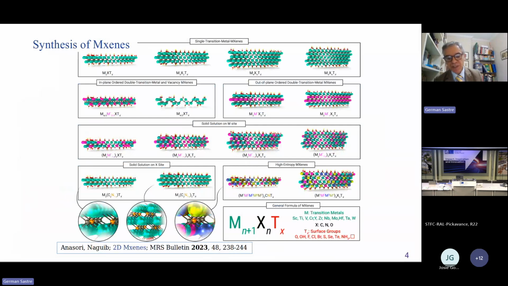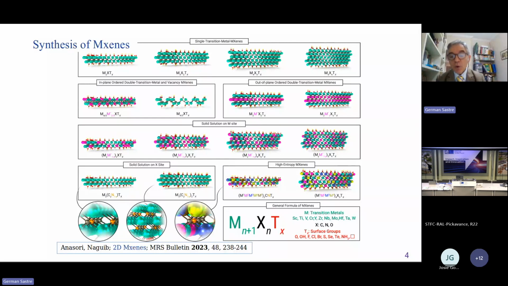Now in 2023, little has changed in terms of chemical composition that you can see in the bottom right. So now formally it is better to introduce Tx as termination, and x means we don't know how many units of terminations are there. According to this, they could also be called MXenes rather than MXenes, but this is the right way to understand the material properties.